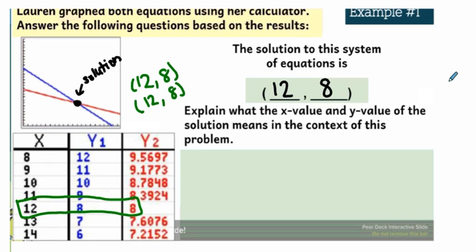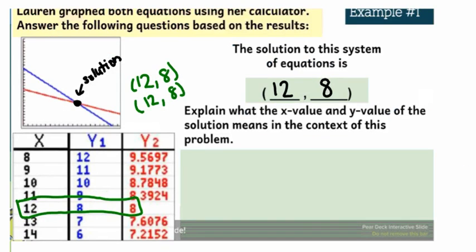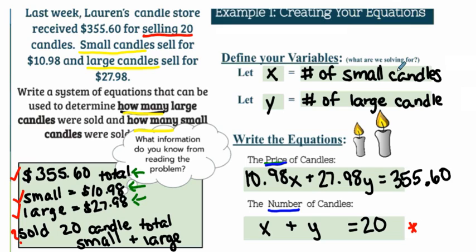Next part says explain what the X value of the solution and what the Y value of the solution mean in the context of this problem. Going back to the previous slide, we said that X represents the number of small candles. So the X coordinate of our solution should represent the number of small candles that we sold.